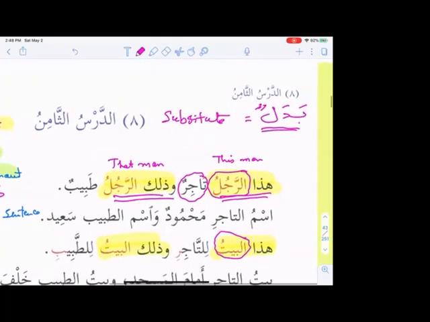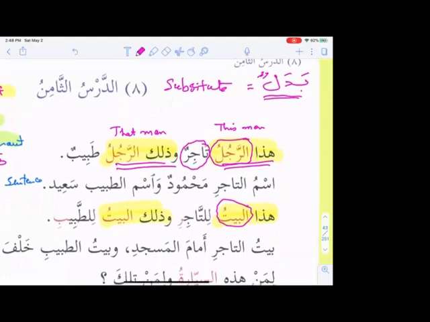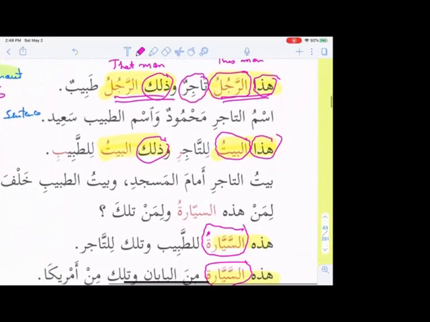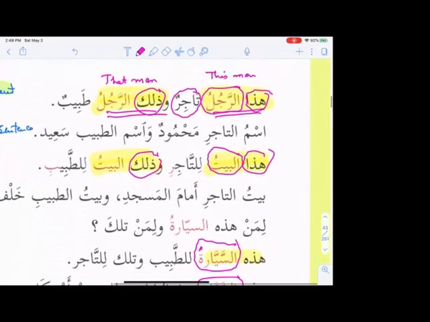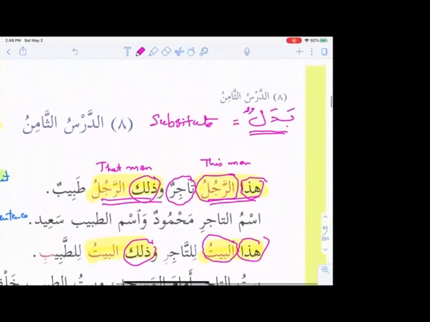And people get confused. This is not something difficult. You just have to remember one thing. If a demonstrative pronoun comes followed by a definite noun, you see, ar-rajulu, al-baytu, as-sayaratu, then that ar-rajulu, al-baytu, as-sayaratu will be called badal.